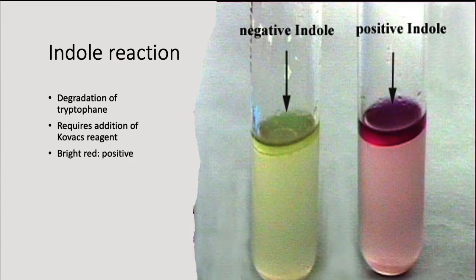There is an amino acid called tryptophan, and if the bacterium is able to degrade tryptophan, it's going to produce indole. There is a reagent called Kovac's reagent that, if you add it to the medium in the presence of indole, is going to turn this very bright red. So the indole reaction is red, positive, when you add the reagent.